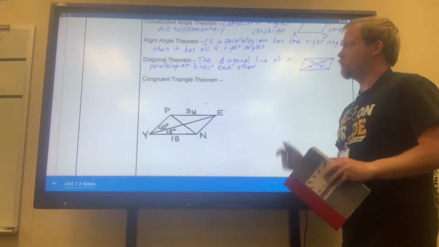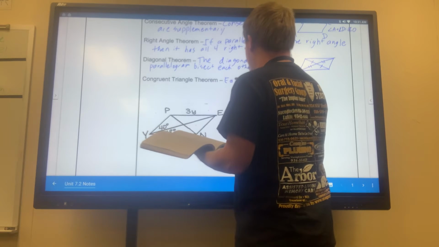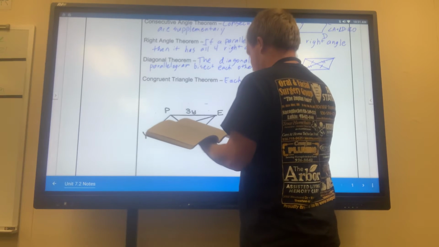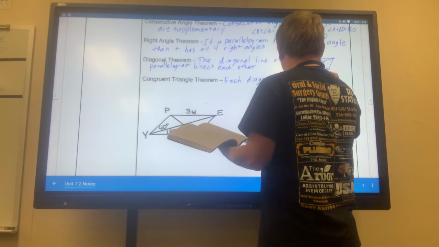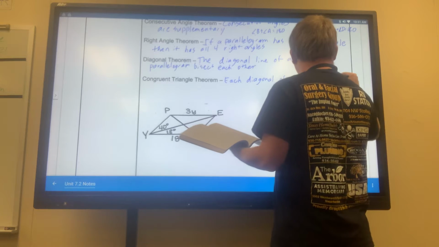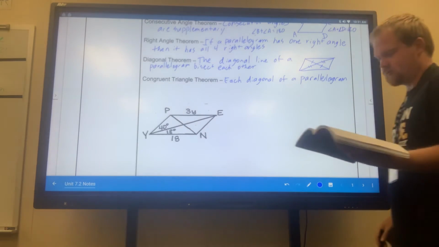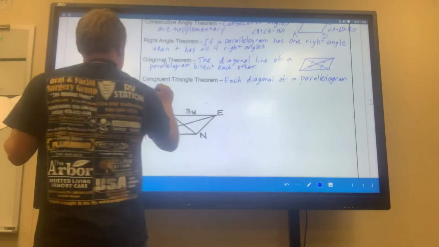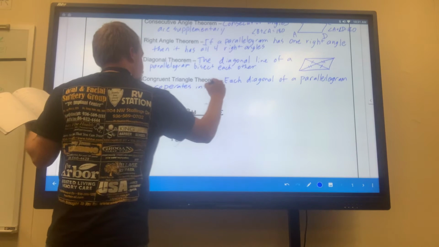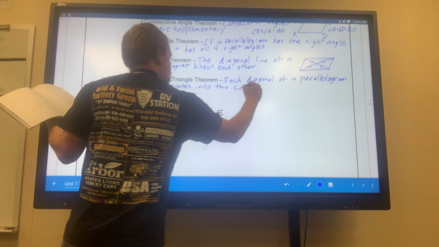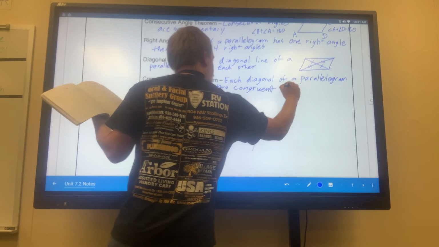Now, congruent triangle theorem. Each diagonal of a parallelogram separates it into two congruent triangles.